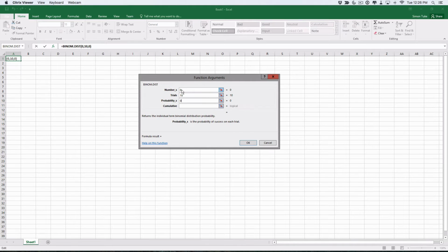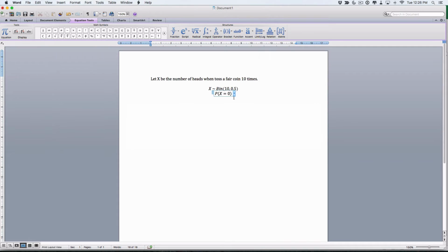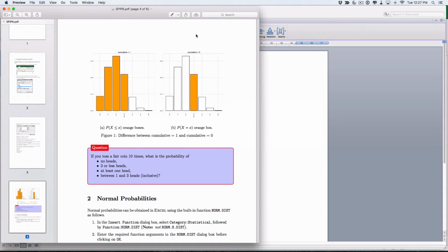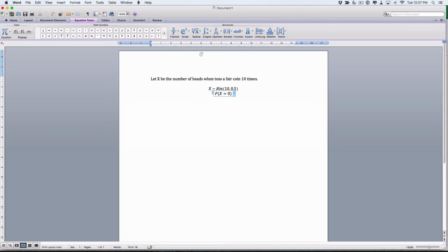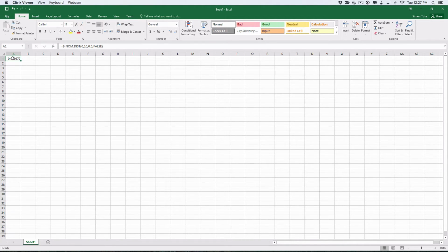We know the probability of success is 0.5. The question is, are we doing less than or equals, or equals? It's equals to 0. Because we're doing equals, it's going to be 0 or false. Either is fine. So we type in false, and it automatically puts the number there. If you click OK, there's your answer.